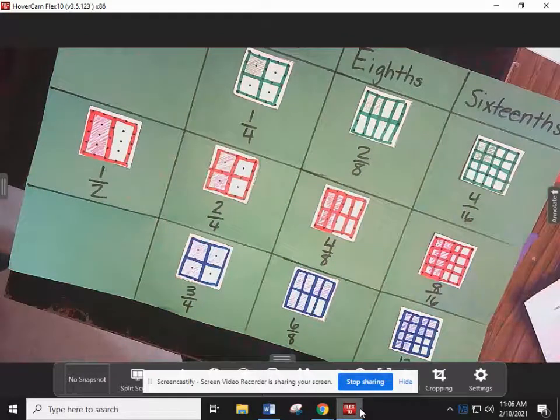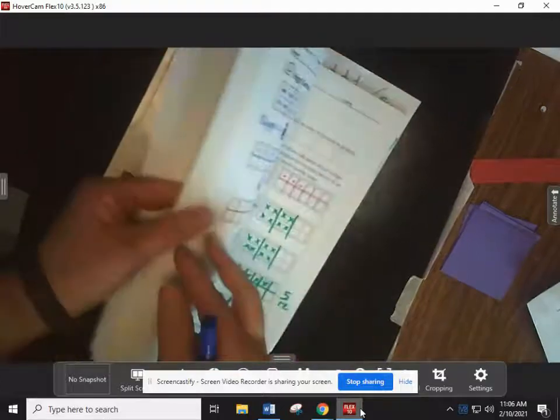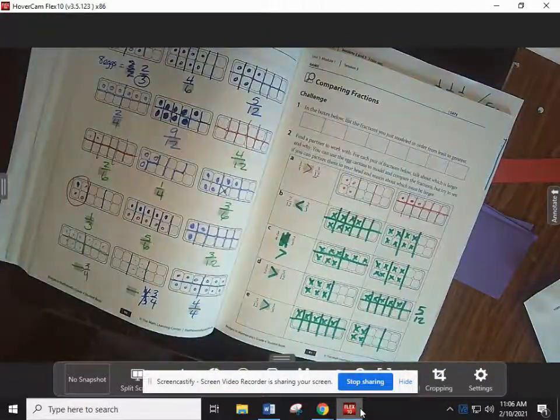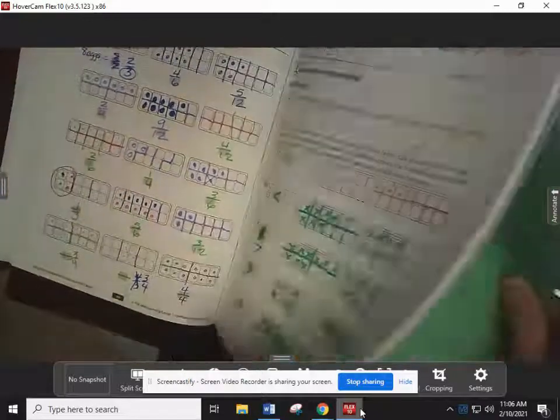I want everyone now to open their workbooks. This would be the Bridges one. You will fold it in half. Good question. You can keep your poster in your book because it's a tool.